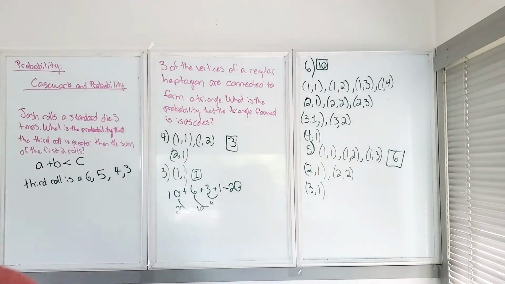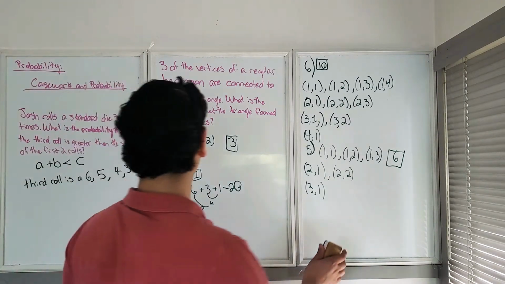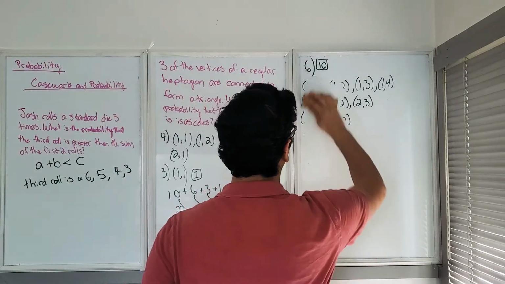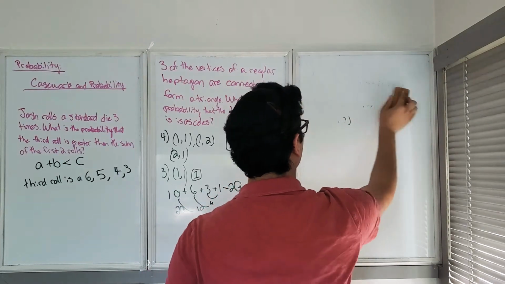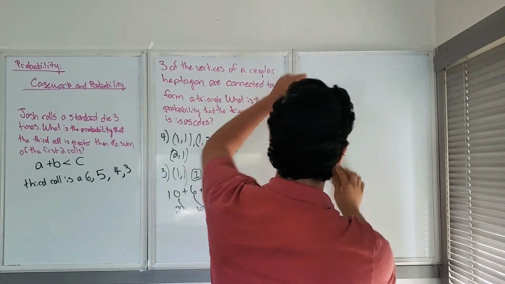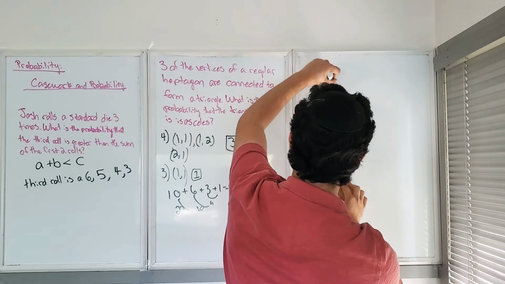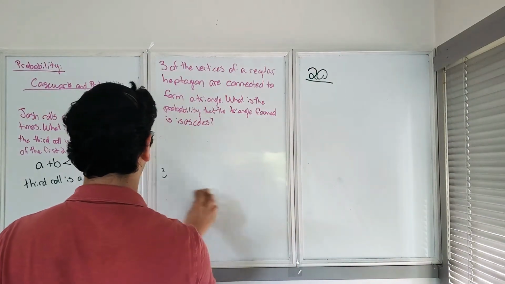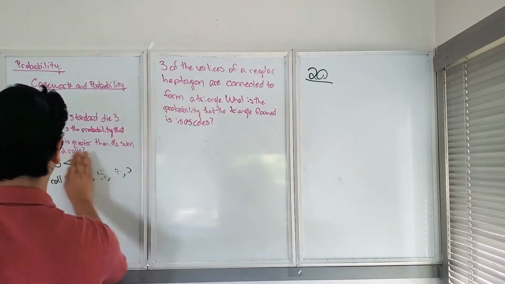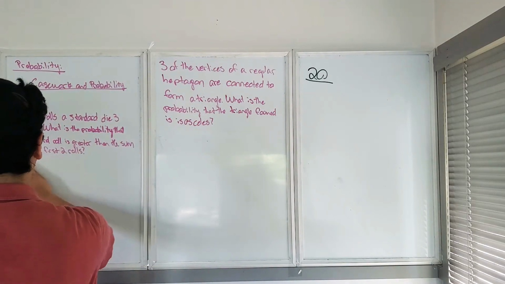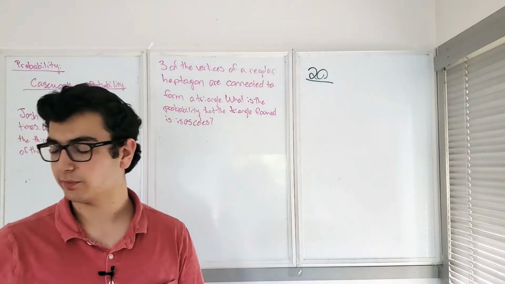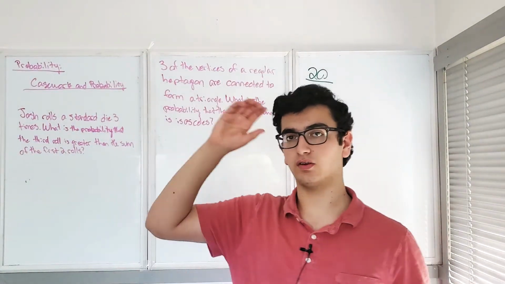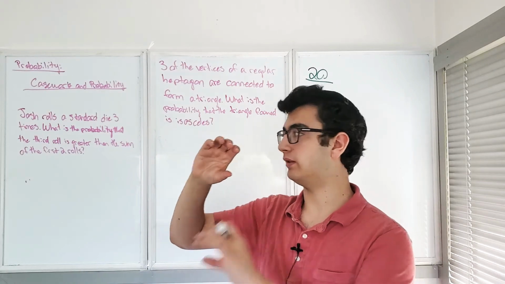Now we just need to figure out what the denominator is going to be. So again, just like we've been doing for all of probability, probability is written as the good outcomes over the total amount of outcomes.